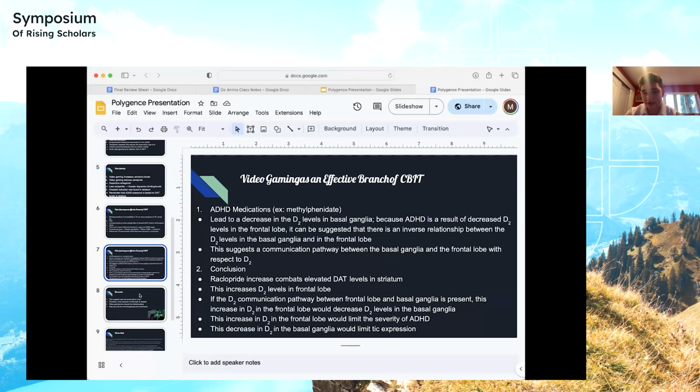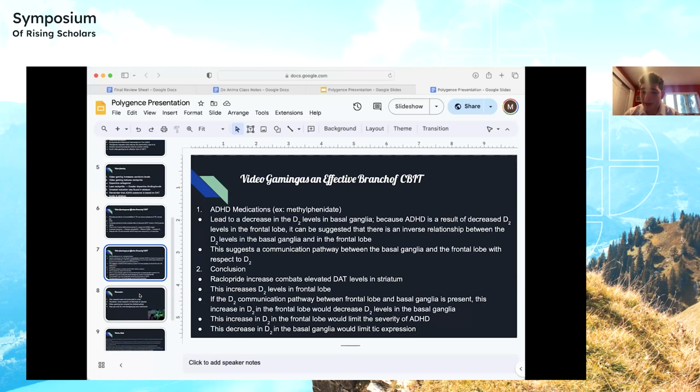Now, that may seem contradictory to our goal with Tourette's, because Tourette's is a result of increased D2 levels in the basal ganglia. Now, because methylphenidate decreases D2 levels in the basal ganglia, it may be suggested that by decreasing the D2 levels in the basal ganglia, it increases the D2 levels in the frontal lobe, which would reduce the effects of both ADHD and Tourette's.